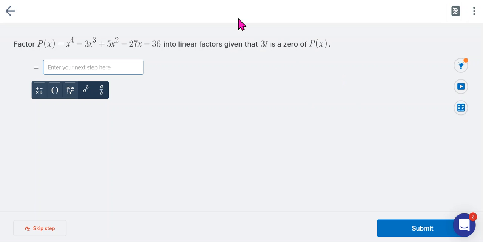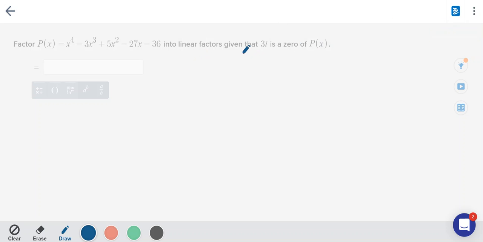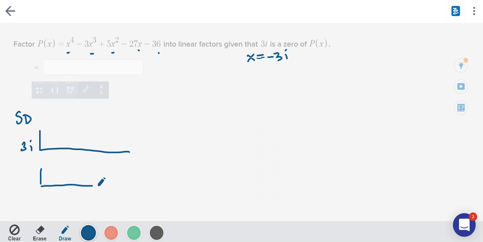All right, linear factors. So this is kind of like what we started with. I have to know that this is the other factor. And I'm looking at this and I don't see any factors that are possible. So you have two choices. You can do the synthetic division with 3i and minus 3i, and you should get a remainder of 0.